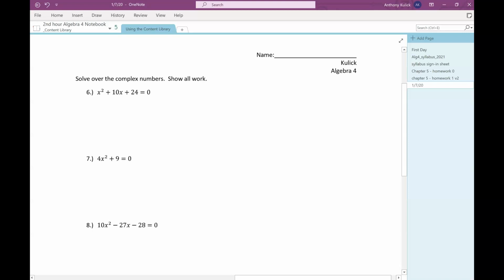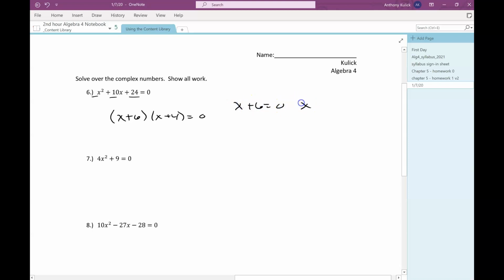So number 6. I look at this and the leading coefficient is 1, so maybe I can factor this quickly in my head, which would be a little bit faster than using the quadratic formula. So I'm going to look for 2 numbers that multiply to give me 24 and add to give me 10. Those 2 numbers are 6 and 4. Because the leading coefficient is 1, I can go straight to the factored form.